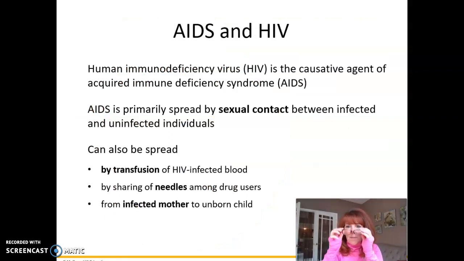Human immunodeficiency virus is the cause of AIDS, acquired immunodeficiency syndrome, spread primarily from sexual contact. It is a blood-borne pathogen, so if you mix contaminated or infected blood with someone who's not, there's the potential that HIV is spread to that other individual.